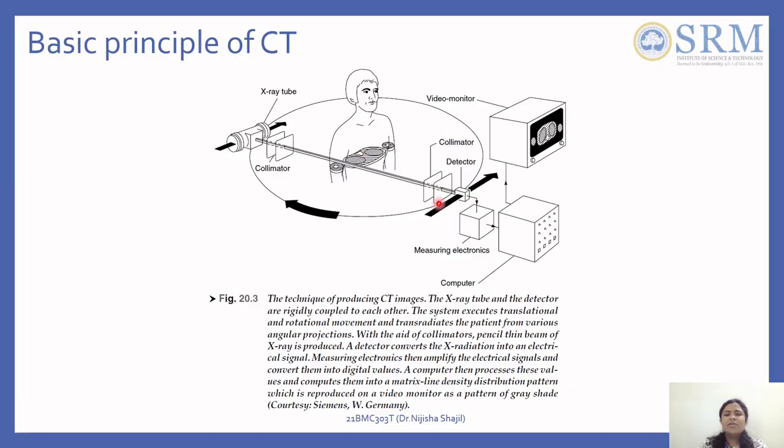Now the detector will detect it. Both will rotate around in such a way that you measure this, and you have a computer which picks up, detects it, and then you use a reconstruction algorithm and view it as one. This keeps rotating, it gets calculated, and it comes out as a slice of the image. So this is the basic principle of your CT.